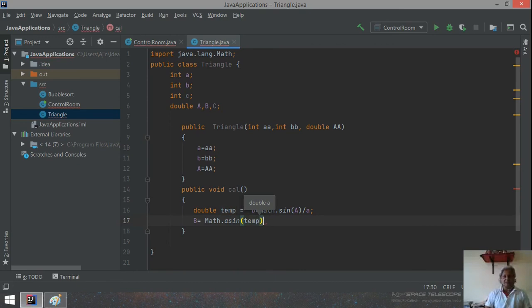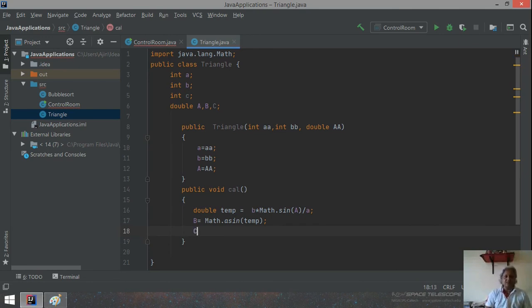Now here B is giving me the value in radian, so our B here is radian. A we are taking from the user and we already converted this into radian. So A is also radian, B is also radian.